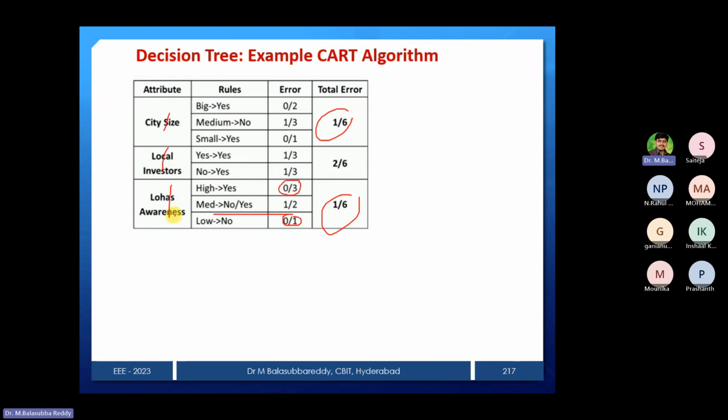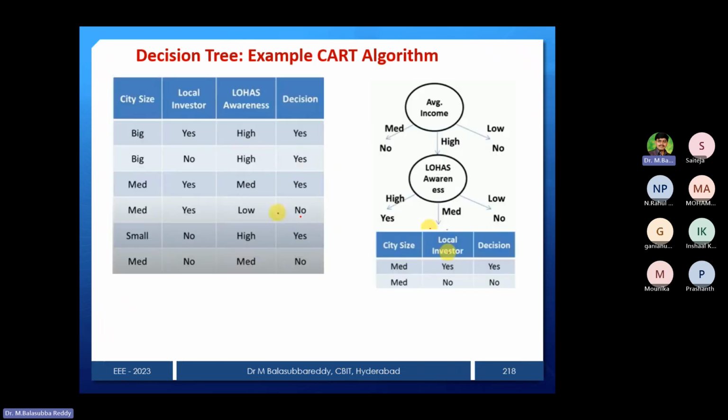This will become 0/3, and still you can see 0/2 and 0/1. What else is left? This is 1/3, and this is a half. Then we can take the lowest error as the root node. So this is the root node. Now it will become 2/2.